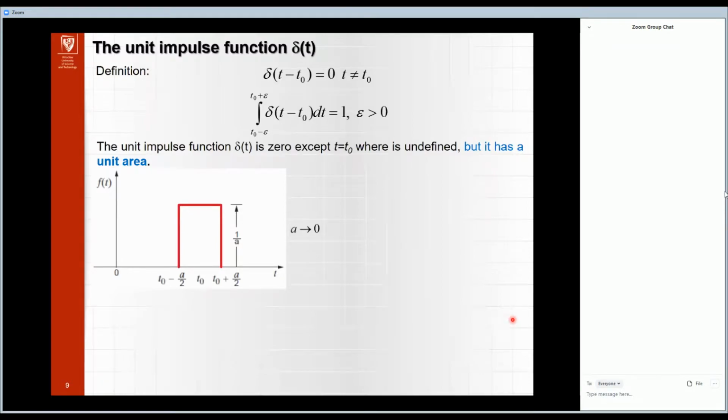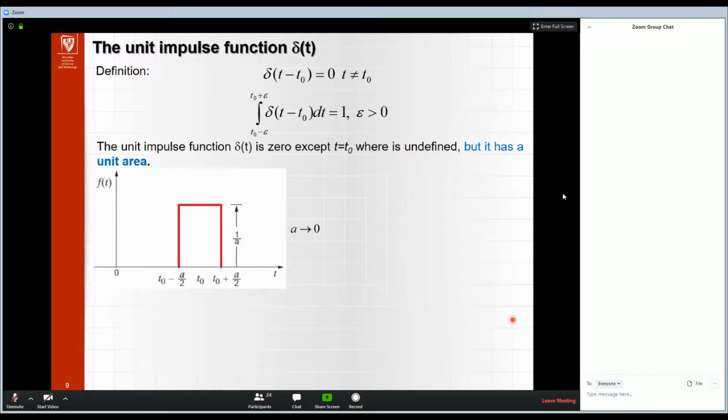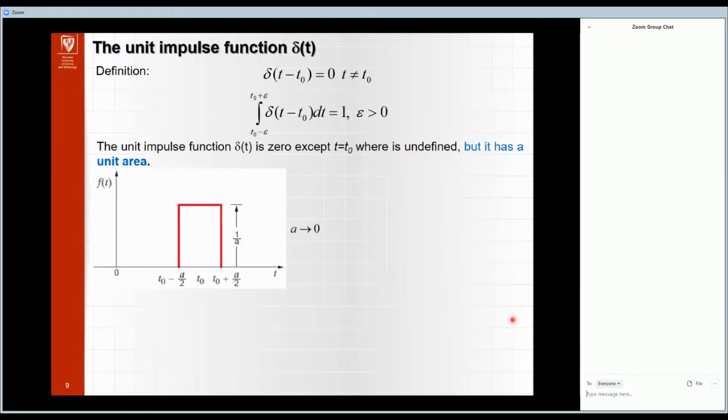Okay, so we know about the transformation of the unit step function, and now we are talking about the unit impulse function delta(t). The delta(t) is the second singularity function, which has 0 value for all time except one moment when t is equal to t0.